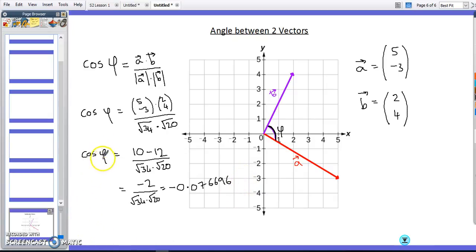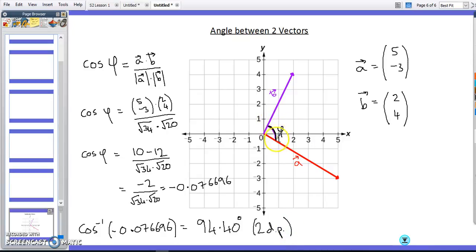So now all I need to do to find phi is do the inverse cosine of -0.076696 in my calculator, and I should be able to find out what phi is, and I get 94.40 degrees if I round it to 2 decimal places.